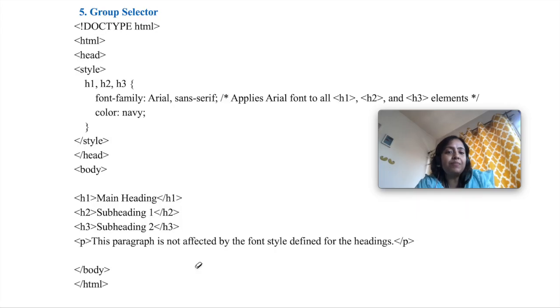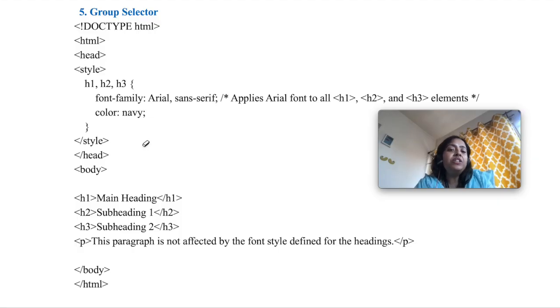Let us see an example with this. Here we wrote a complete example where H1, H2, H3, all the three tags have this style, and the color is navy. So all these tags will get the style which we wrote here. So this is group selector since we are writing it in a group.